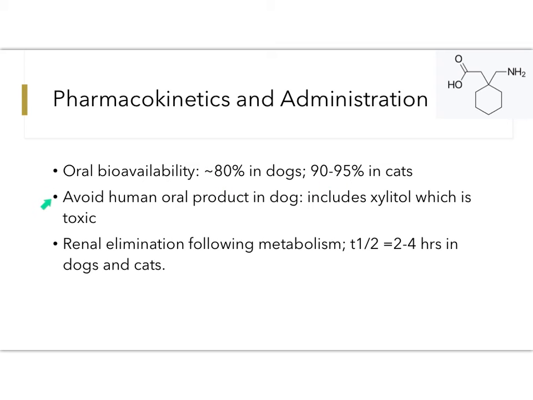I want to note again how important it is not to use the human product for a dog because it includes the sugar xylitol, which is known for causing toxicity in dogs, particularly renal toxicity, and this is why chewing gum is not a good idea for dogs. Gabapentin is eliminated by the kidney following metabolism, and in a dog and a cat we have a fairly short half-life of 2 to 4 hours.